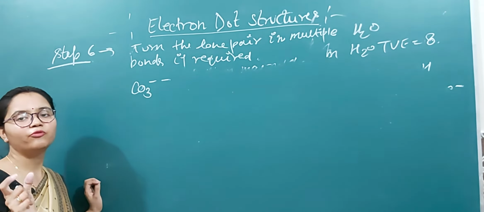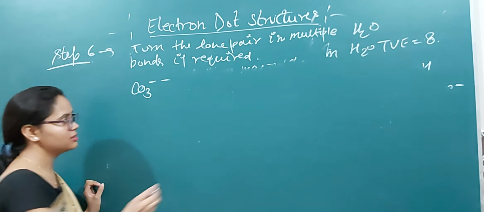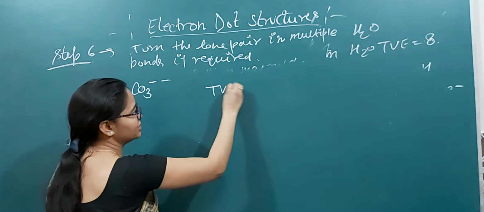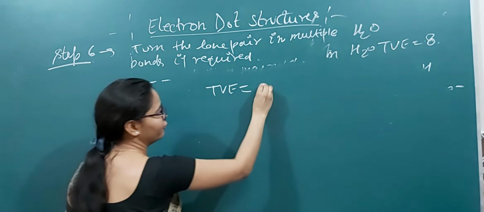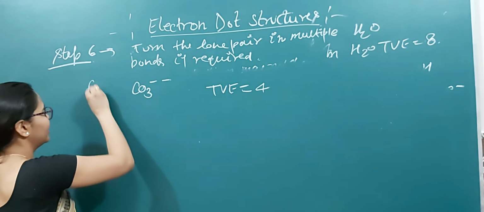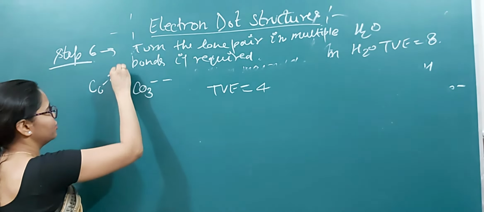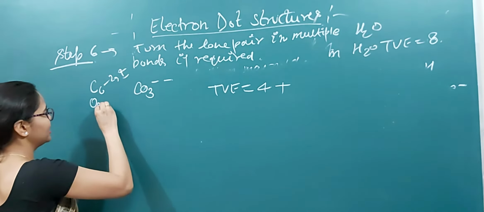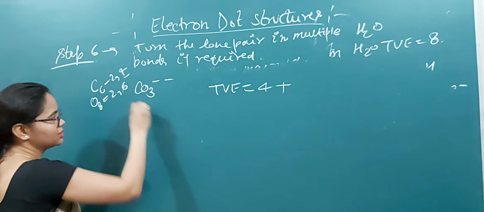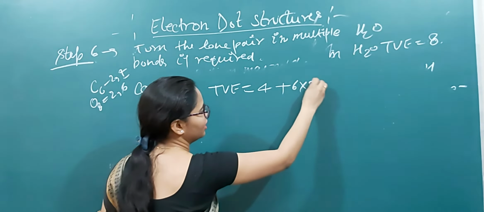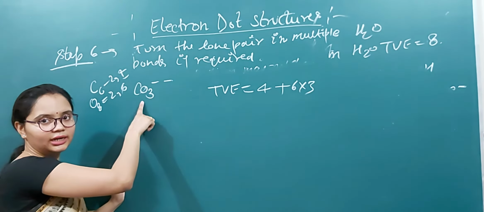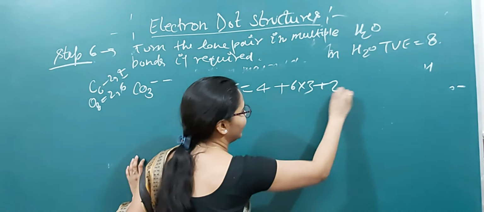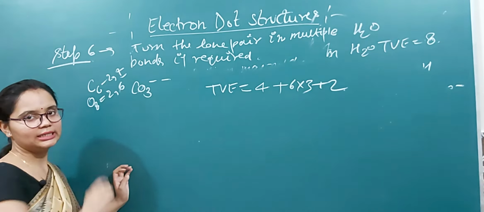In the first step we have to calculate the total valence electrons. So total valence electrons equals 4 in carbon, as carbon has 6 electrons, so 2, 4, plus oxygen. Oxygen has 8 electrons, means 2, 6. So 6 into 3, because 3 oxygen atoms are present here. Now we will add 2 also, because a 2 minus charge is there.